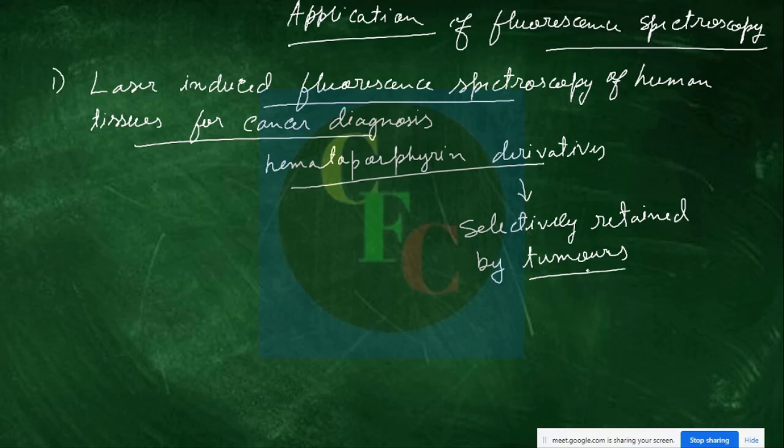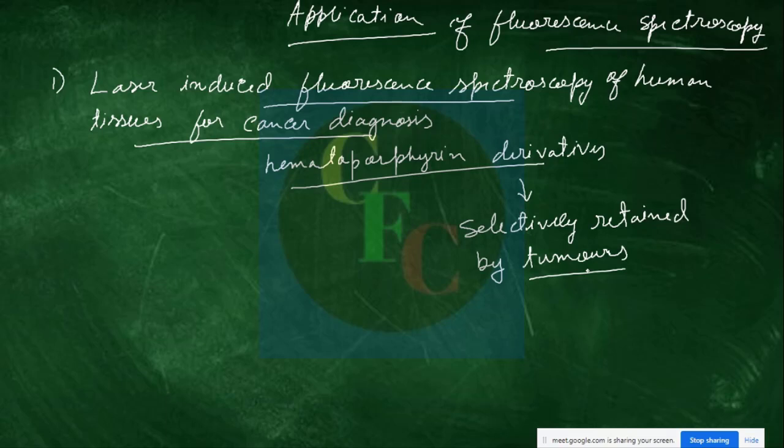Now, this laser is introduced by fiber optics, as is done with colonoscopy or endoscopy, right? This laser is shone on those tissues or tumors, and the drugs then fluoresce.